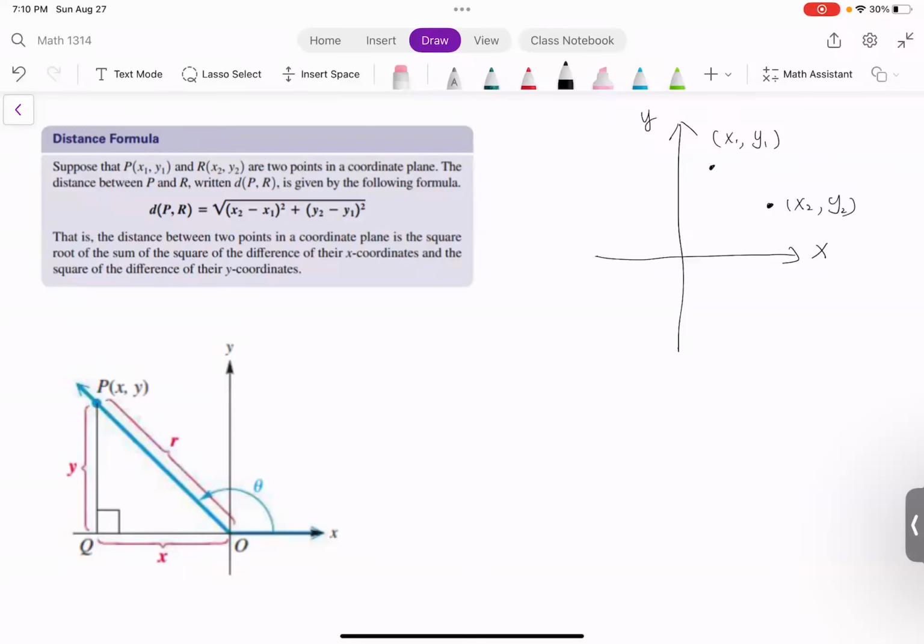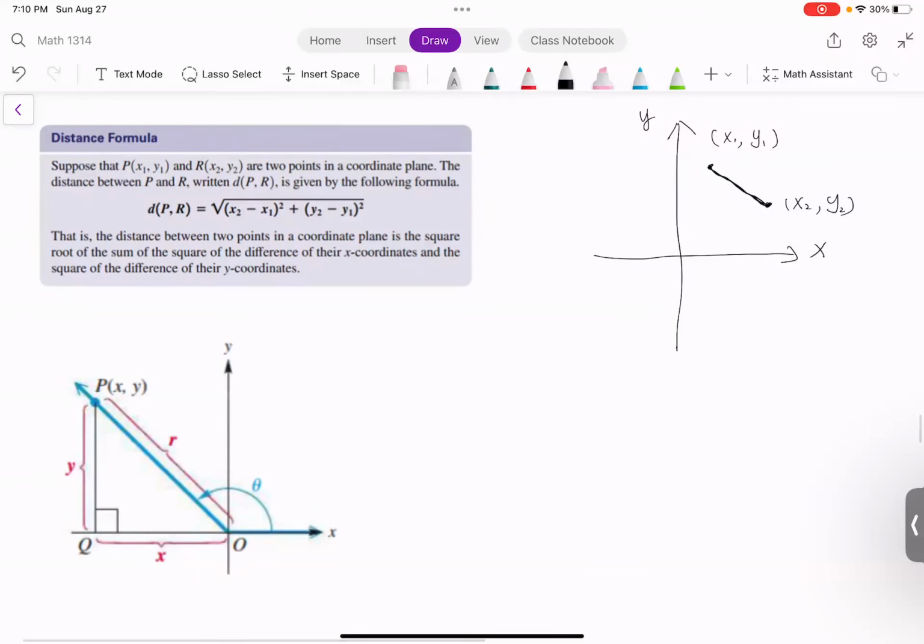How do we find the distance between these 2 points? It must be a straight segment. We have a formula: the distance between point P and point R is the square root of x sub 2 minus x sub 1 squared plus y sub 2 minus y sub 1 squared.